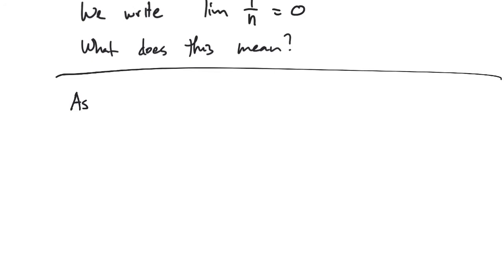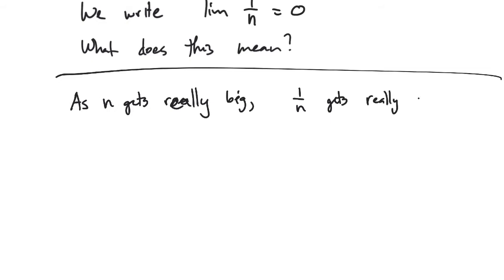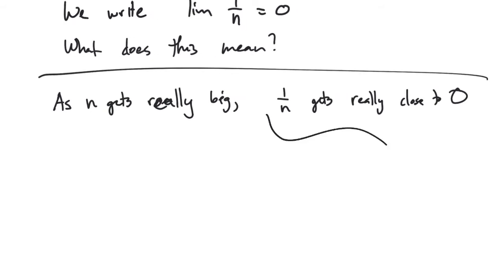What I'm trying to say here is, as n gets really, really big, 1 over n gets really close to 0. I want to break this down and translate it into more technical, meaningful language. Let's look at this part over here: 1 over n gets really close to 0.